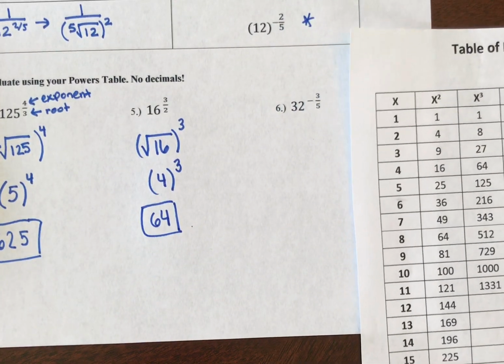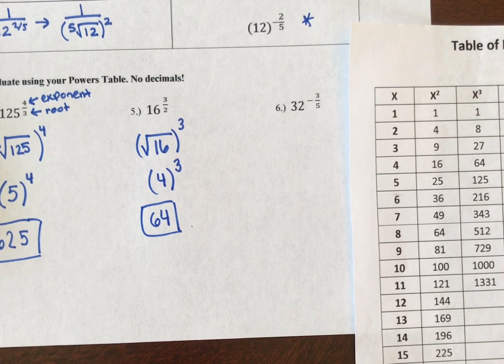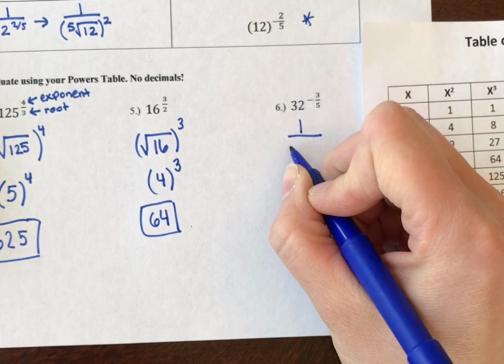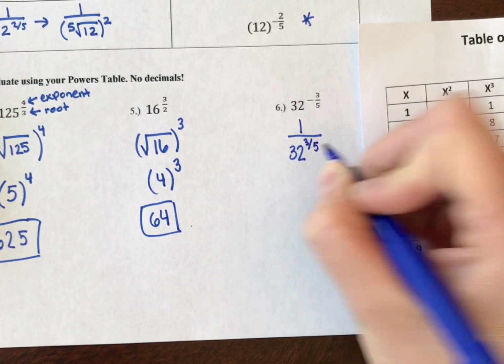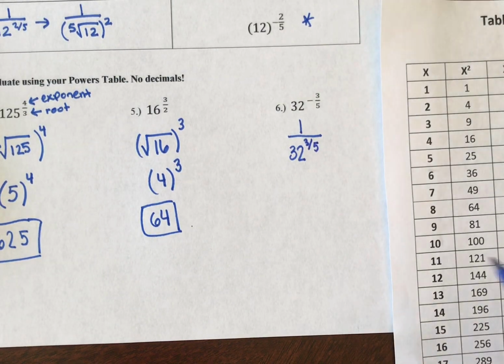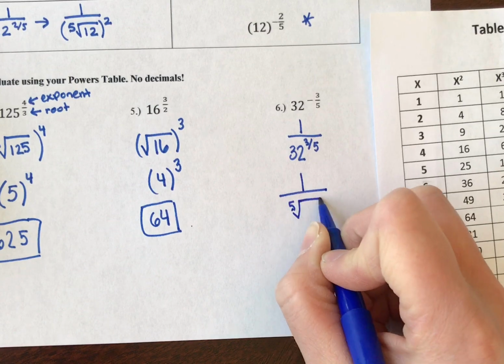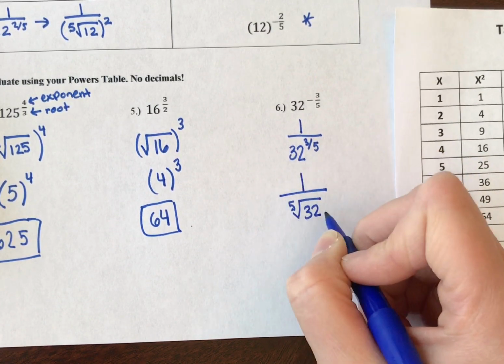Okay, in our last example, we have got that negative exponent. So if I want to take 32 to the negative 3/5, again, start off by moving this entire expression down to the denominator. So I have 1 over 32 to the positive 3/5. Then I'm going to rewrite it in radical notation. So this is the 5th root of 32. Denominator is 5, so that's the root I'm taking.